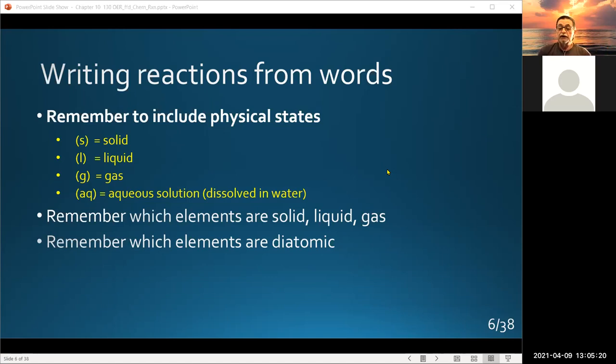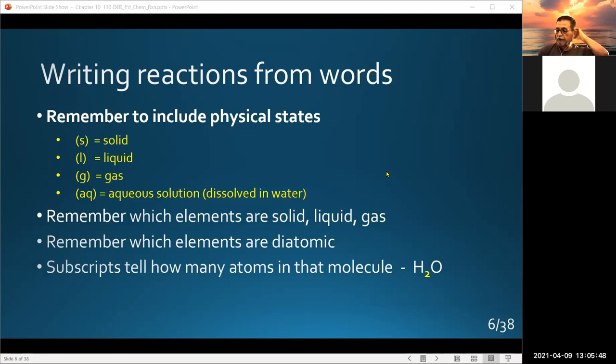Remember those. And so when they talk about, say, chlorine, there's a difference when you write the reaction of chlorine versus the reaction of chlorine gas. Normally, when gas is used in the sentence, they are talking about the diatomic chlorine.